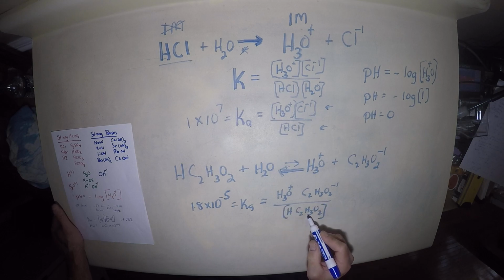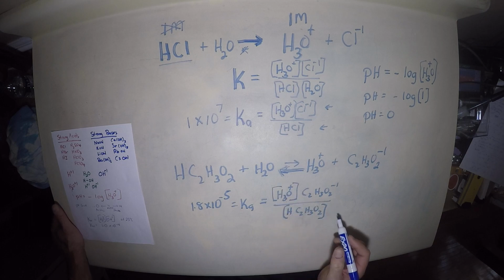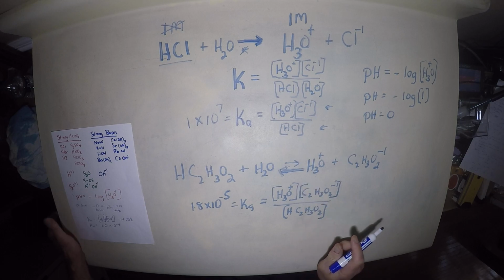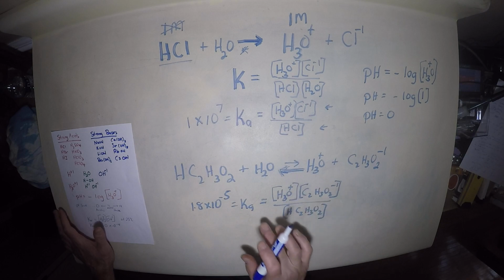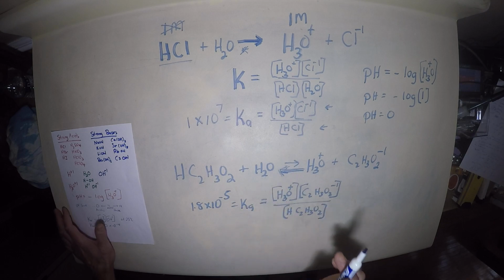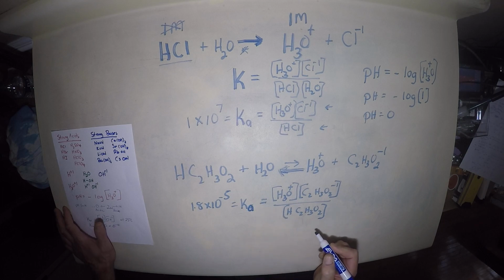Where this represents the original acetic acid concentration, that's going to represent the molarity of hydronium formed, and that's going to represent the molarity of acetate formed. And if we don't add anything else other than pure acetic acid to water, these two must be equal, and then you can do a whole bunch of mathematics and get a quadratic and solve for hydronium.